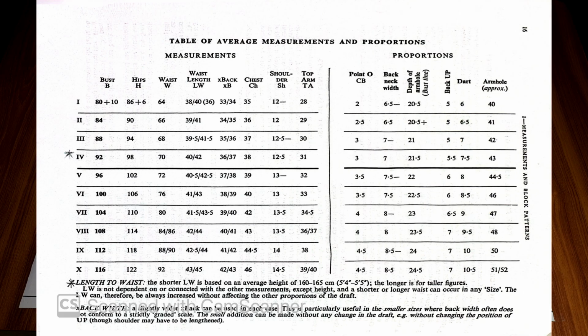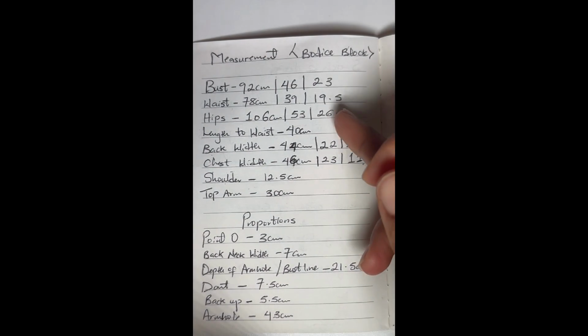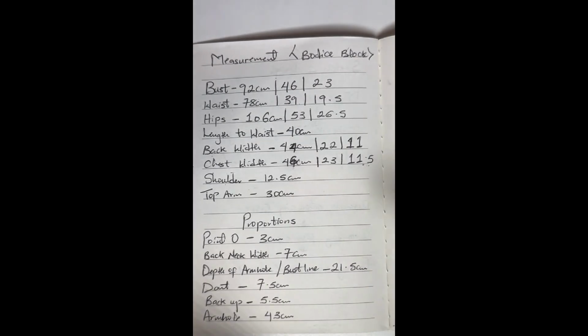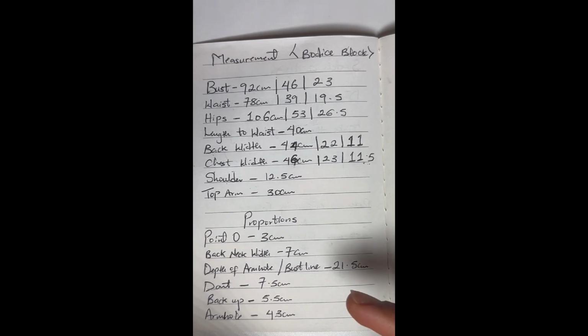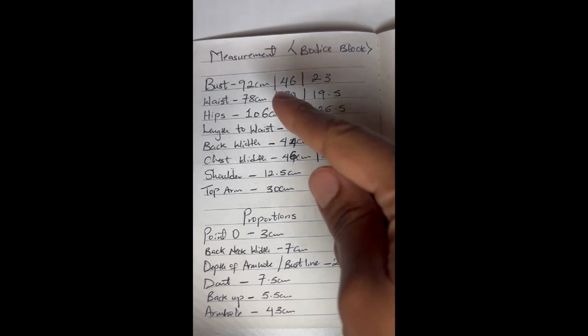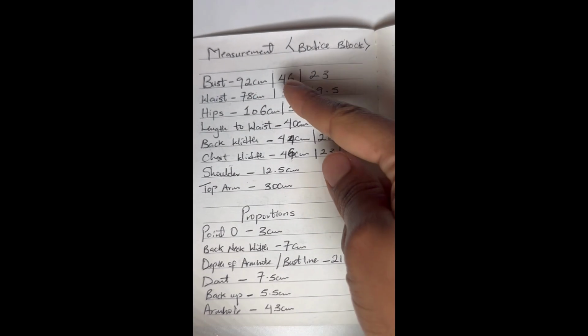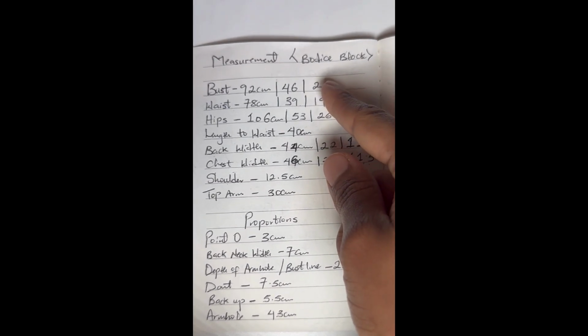Guys, this is the proportion table, and as you can see, this is where I'll be getting most of the measurements that I'll be using for this drafting. If you look closely, you'll see that it's got proportions for different sizes. This is my measurement, and this is my proportion. Some of these things are given as instructions in the textbook, but as you can see, this is my bust measurement, and this right here means that I've divided it by 2, and this right here means I've divided it by 4.